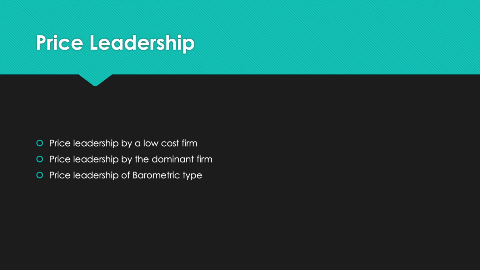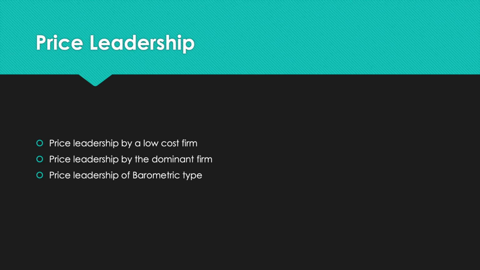So therefore, in this situation, oligopolists may entrust the price determination to one firm. So one firm sets the price and that particular firm is known as the leader, and this concept is known as price leadership, wherein one firm takes the leadership to set the price and level of output for all the firms.